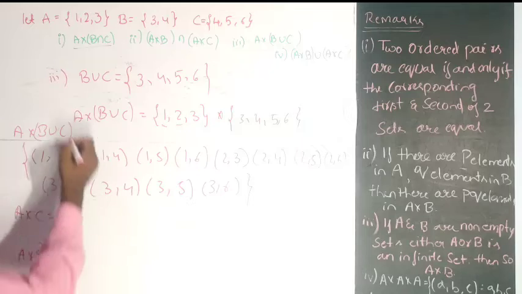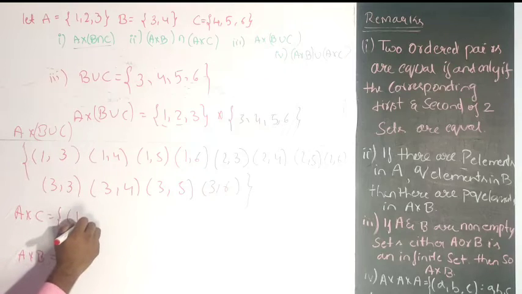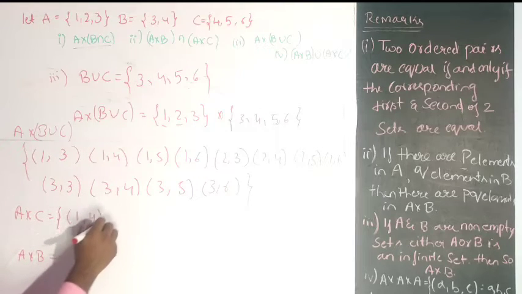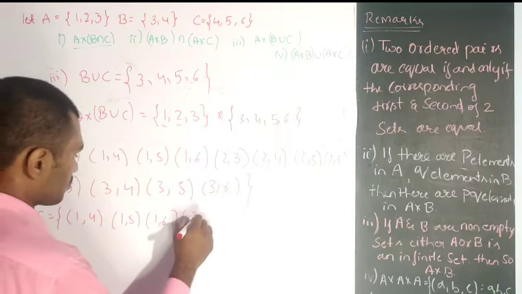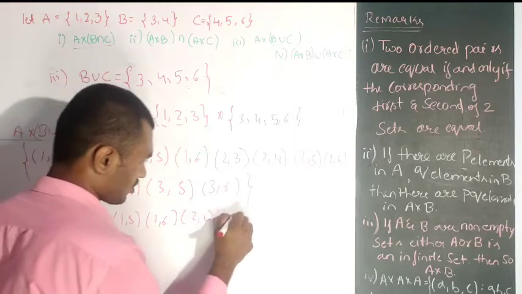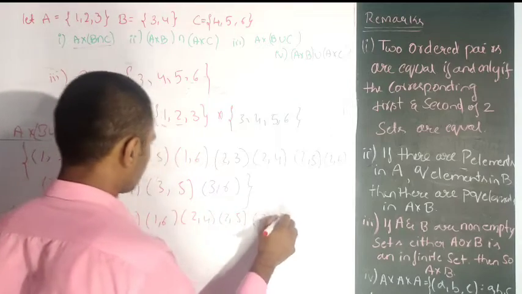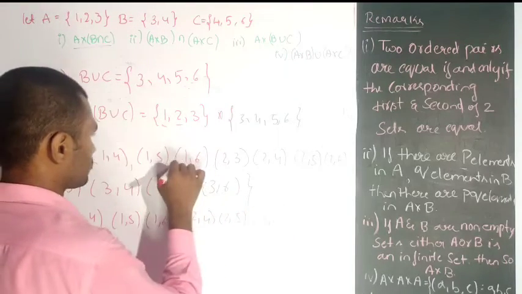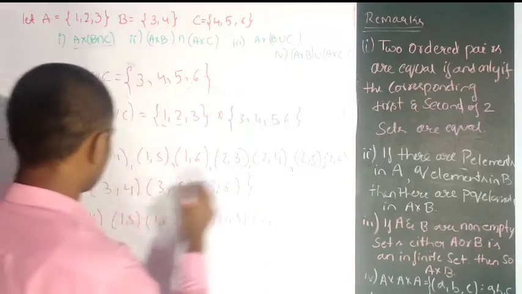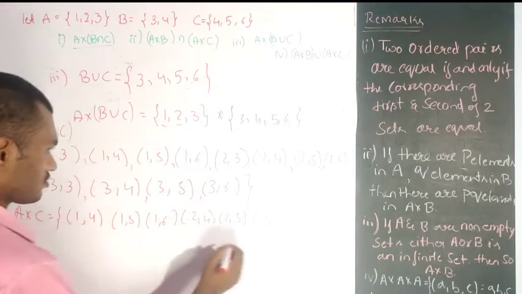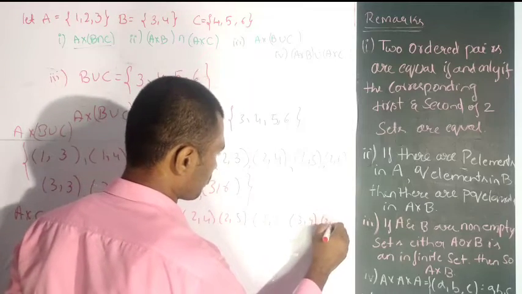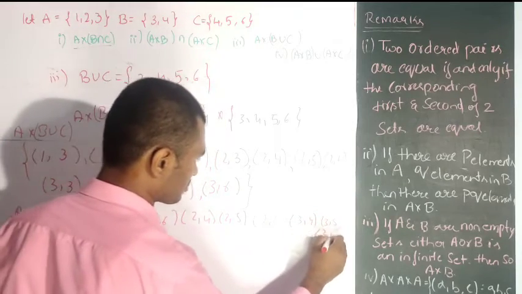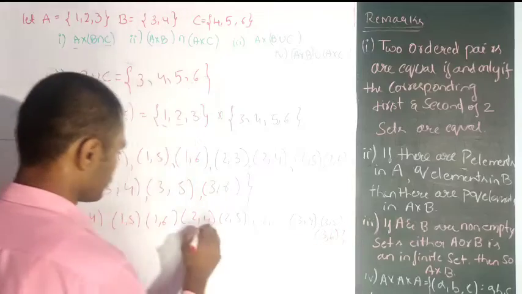We will write again. 1, 4, 1, 5, 1, 6, 2, 4, 2, 5, 2, 6. At last we have 3, 4, 3, 5, and 3, 6. Right.